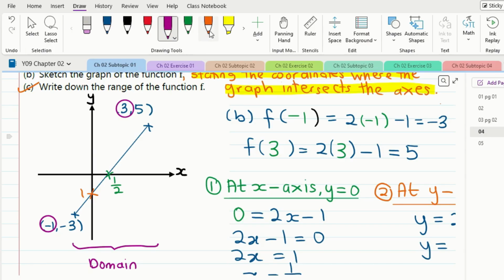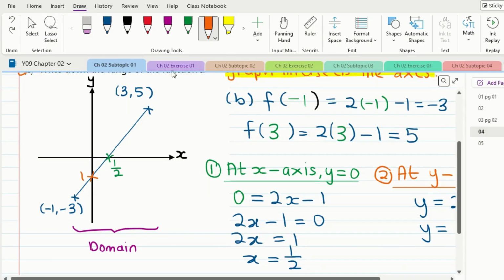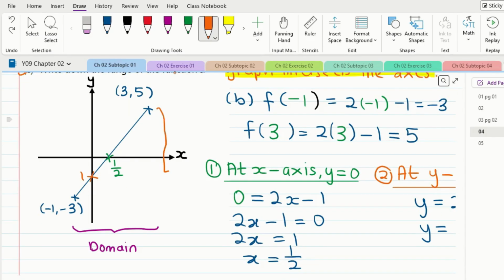As for the range or the image, you have to look at it vertically instead of horizontally. So vertically, the range is here, and you can already tell the set of values you obtain after you sketch the graph.